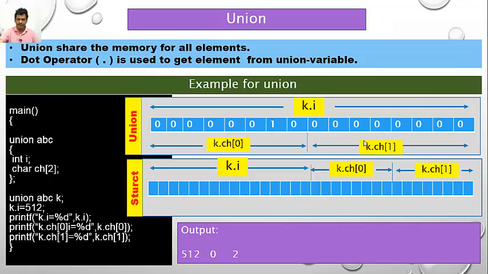The binary of 512 is 1000000000. 512 is a decimal, and internally it is stored as binary, so it is converted and stored like that: the 1 followed by zeros, and the previous locations are 0. This is the binary equivalent of 512. If we assign 512 to k dot I, it is converted into binary, then stored.